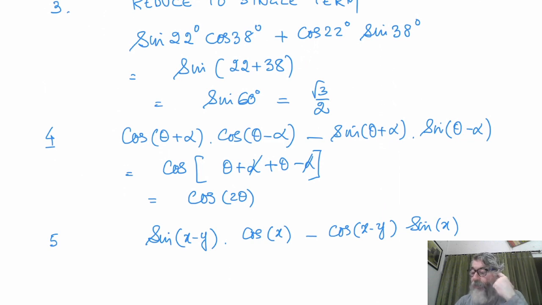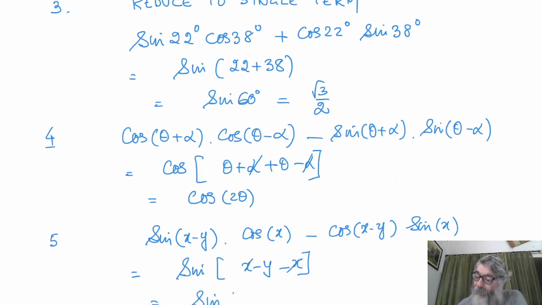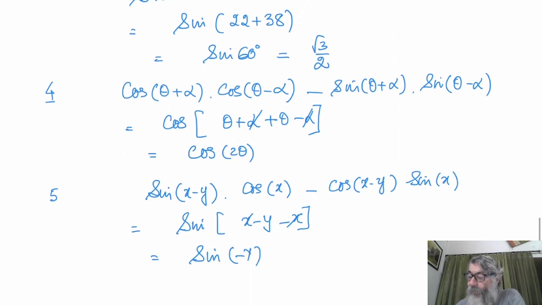So it will become sin A minus B, sin of x minus y minus x. Minus x plus x will cancel, and you will get sin minus y. Now what is sin minus y?